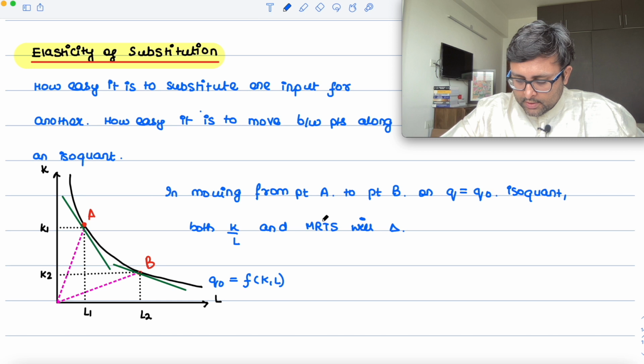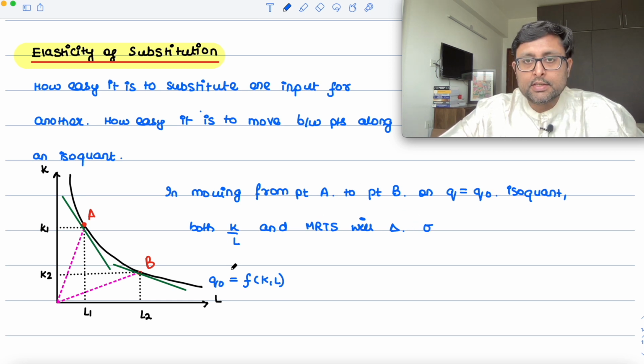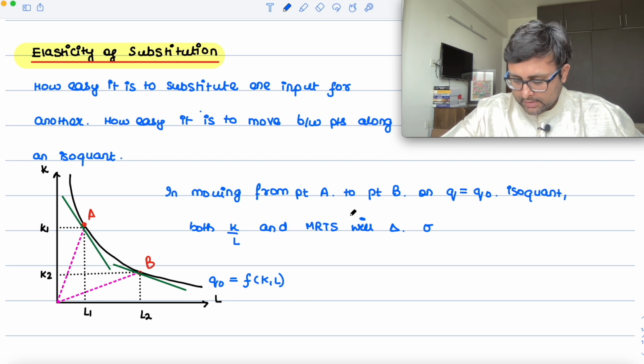right? So the elasticity of substitution, which we denoted by this sigma, is defined as the ratio of the proportional change of K by L to MRTS, right?